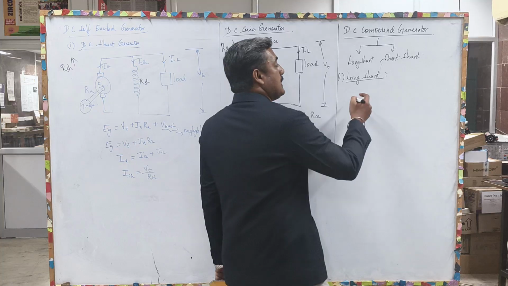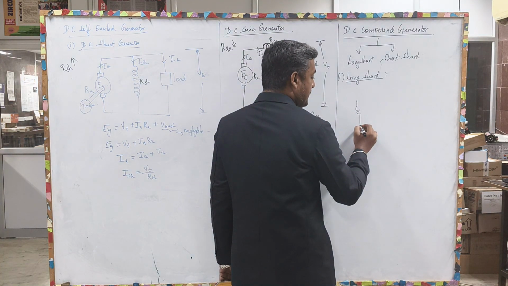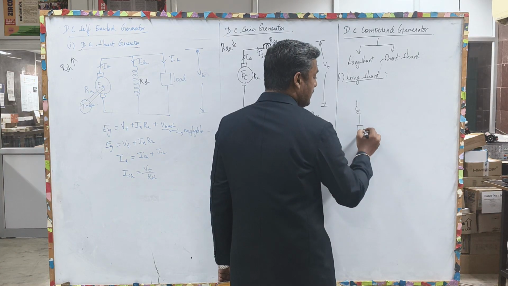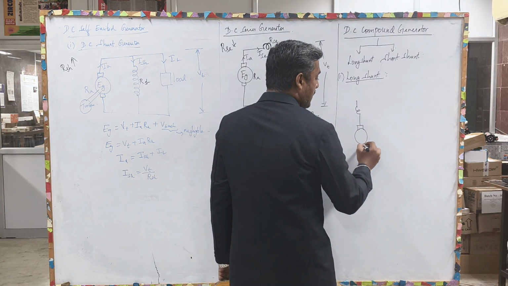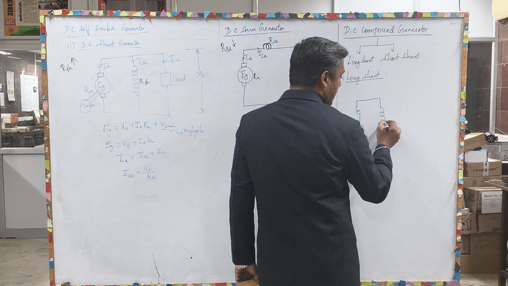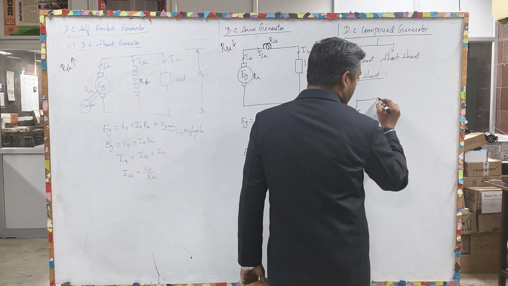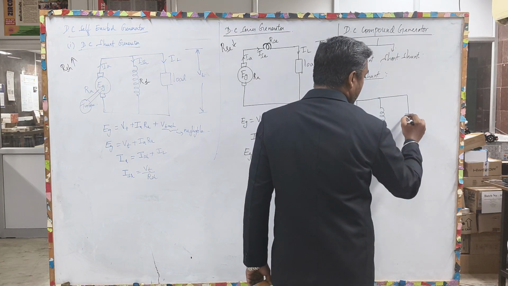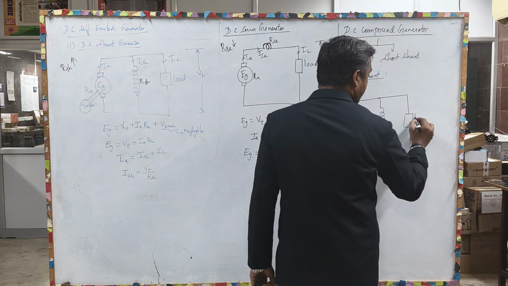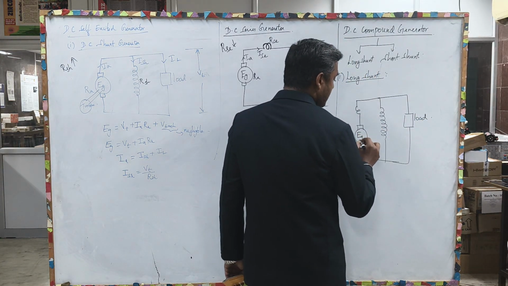Okay. See here, long shunt represents a series field winding and then an armature winding, and over it you will be having a shunt field winding, and then you will be connecting it with the load. And this is Eg.